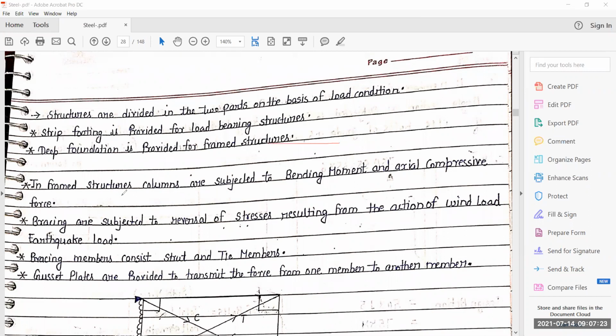In framed structure, columns are commonly subjected to bending moment and axial compressive force. The bracings are subjected to reversal of stress resulting from the action of load. The earthquake load is the main important one. A bracing member consists of strut or tie members. The gusset plate is provided to transmit the force from one member to another member.